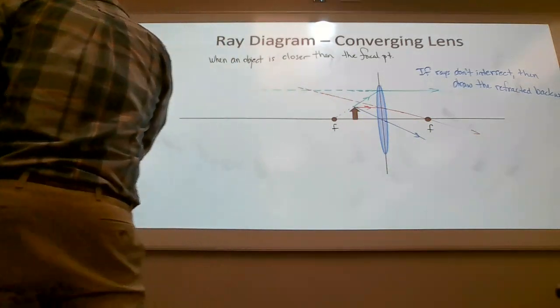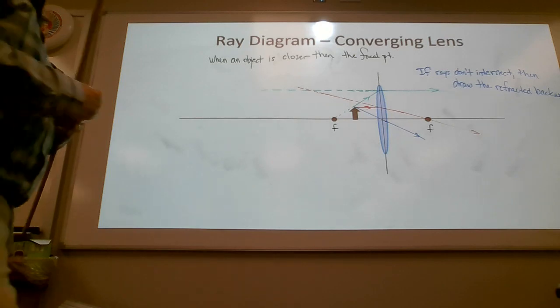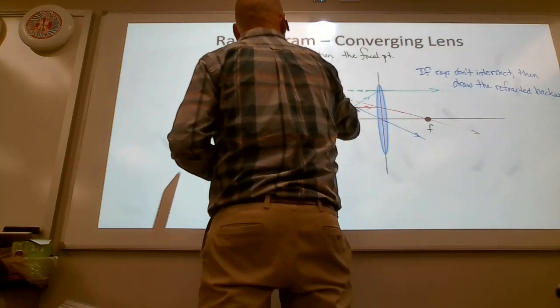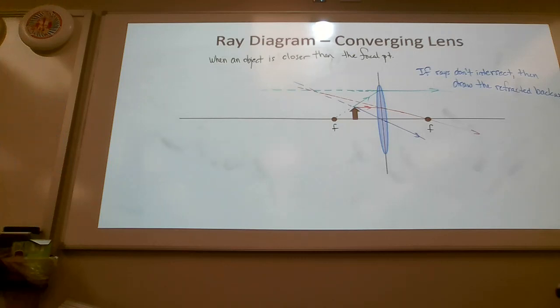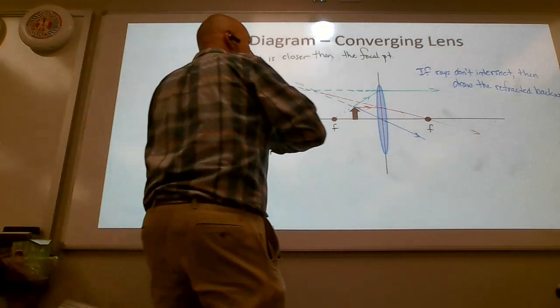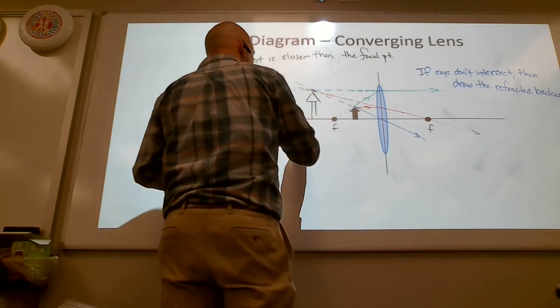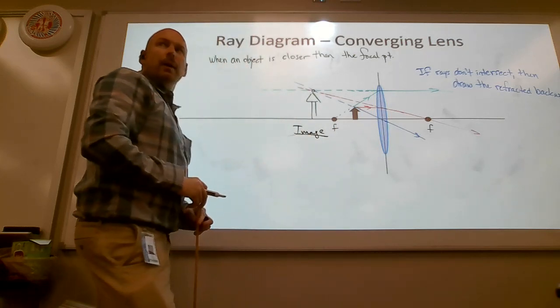Okay. And then the blue one's easy. It's just a straight line. So extend that backwards. And the hope is they all intersect at the same point. And this would be the top of your image. So you would describe the image how?